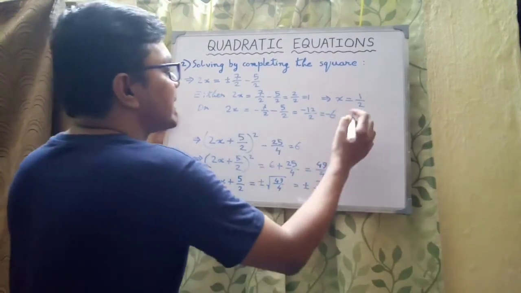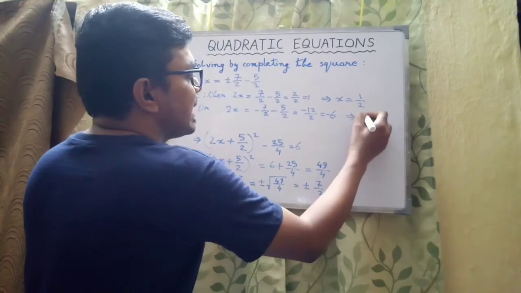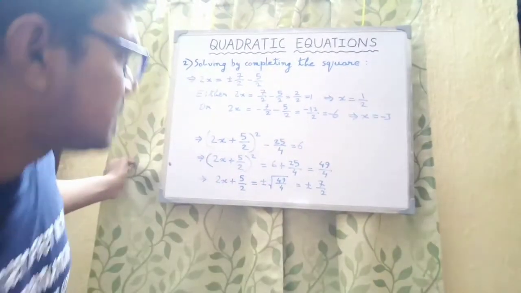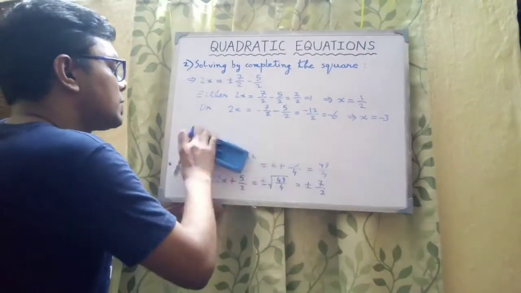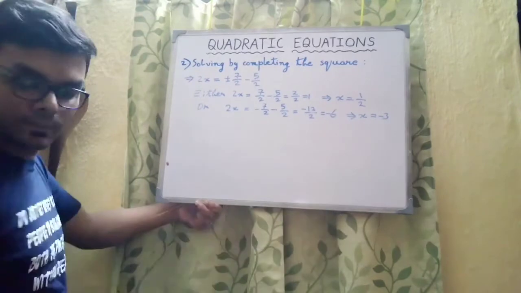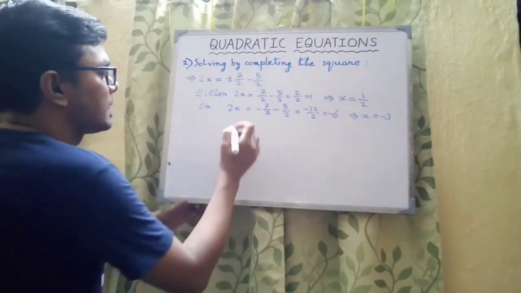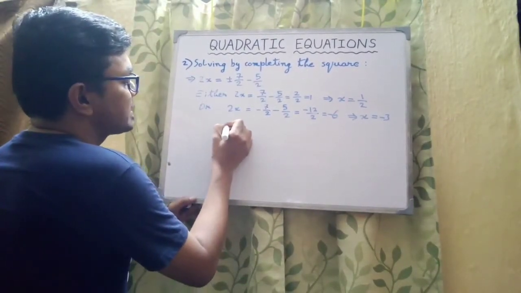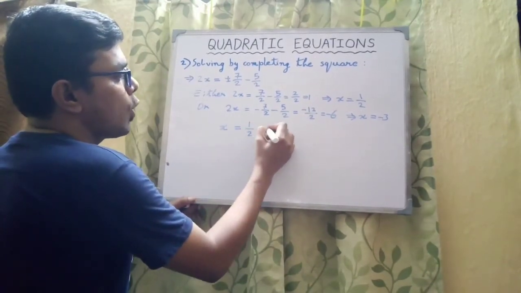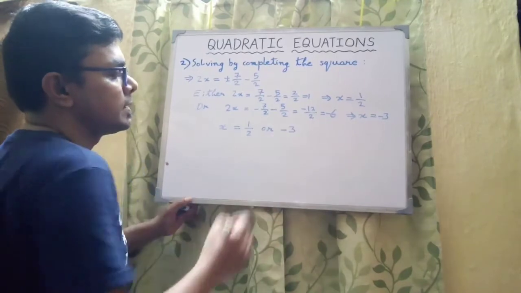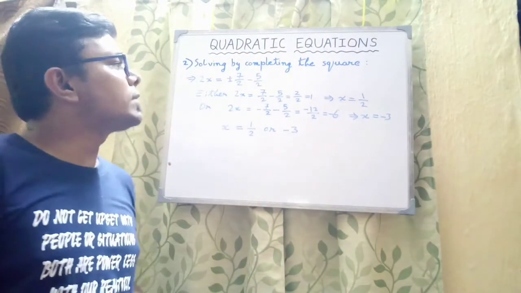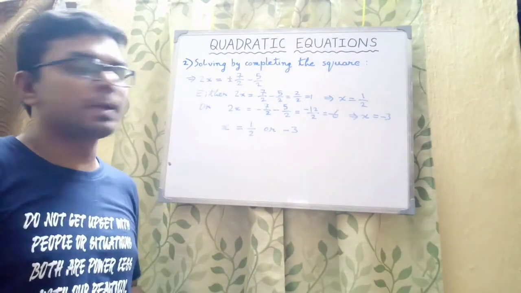So 2x equals minus 6 implies x equals to minus 3. So again we have found both the values of x. Therefore x equals to half or minus 3. Thus we find the two values of x. With that we come to the end of this method, that is completing the square.